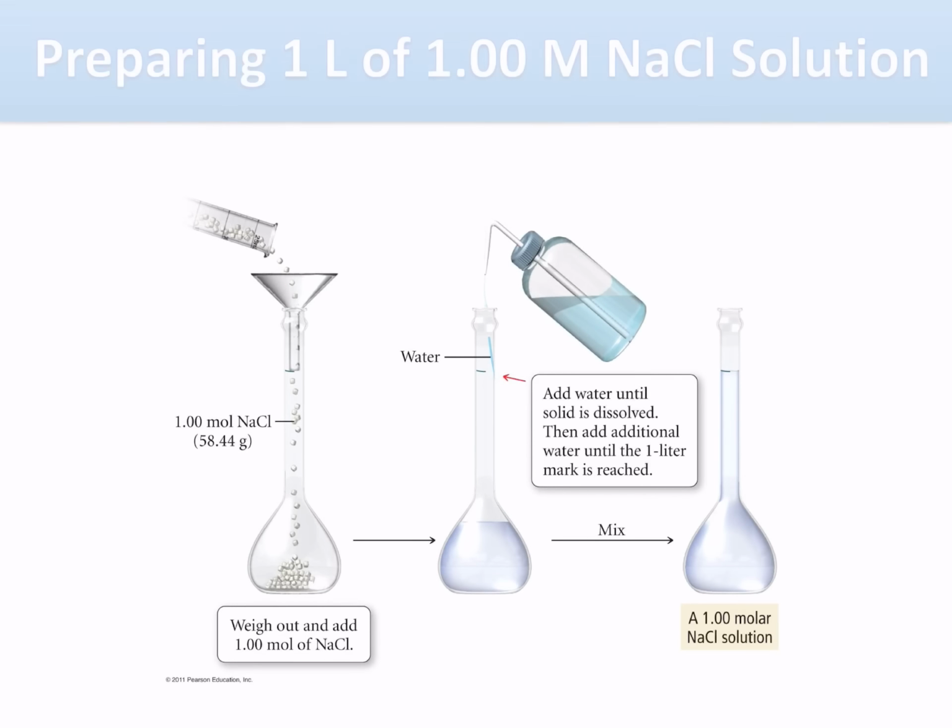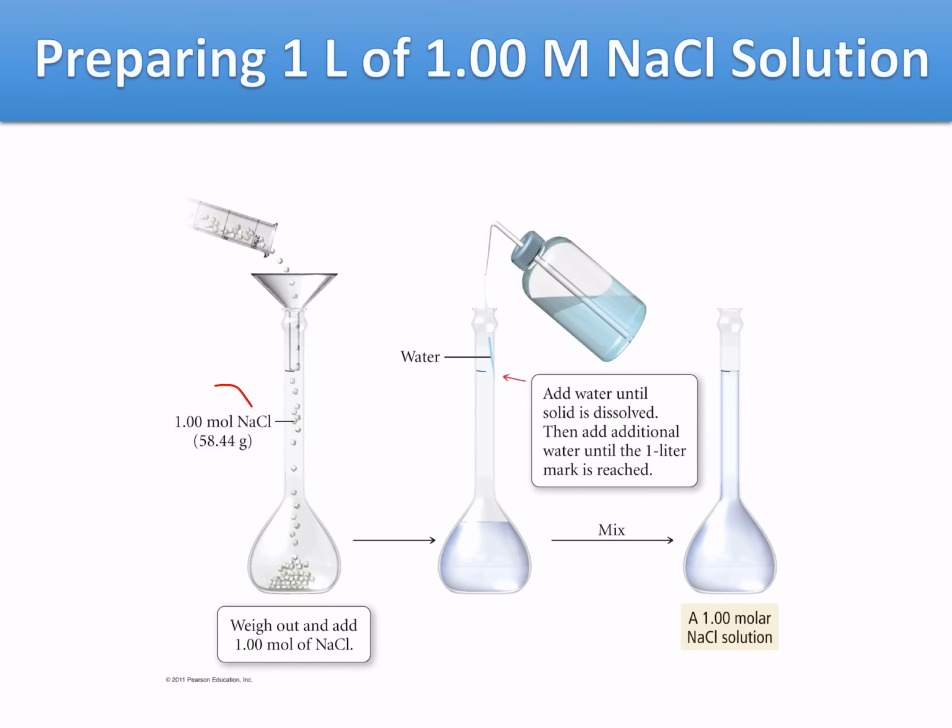So the process usually involves weighing that solute, and you need to weigh it because you need the mass so that you can calculate the number of moles. If it's a liquid that you are dissolving, you can measure the volume, and with density you can calculate the mass, but you need the mass nonetheless because you need to calculate the number of moles of that particular substance.